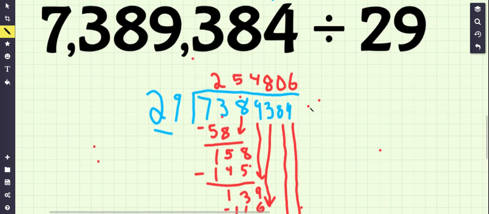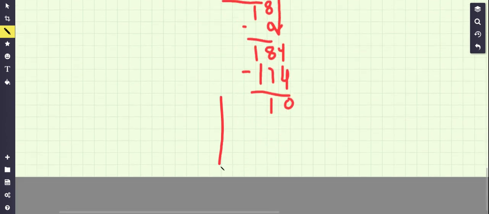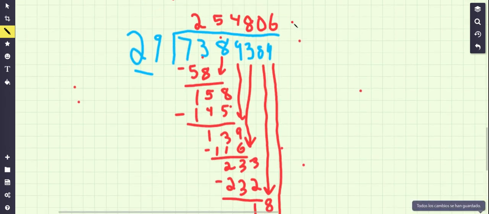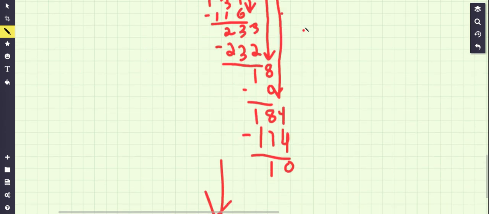So now we can keep bringing down our decimals, but I won't have enough space at the bottom of this. So I'm going to put the R symbol as remainder and 10.